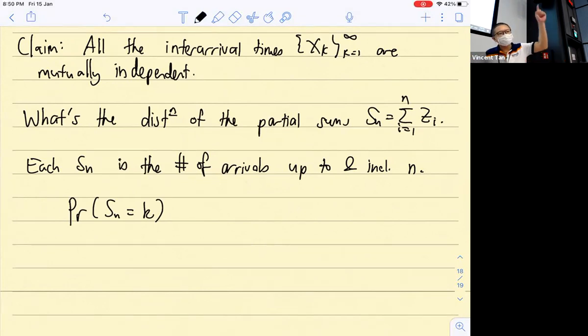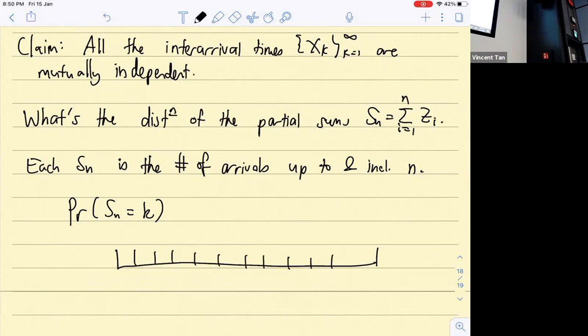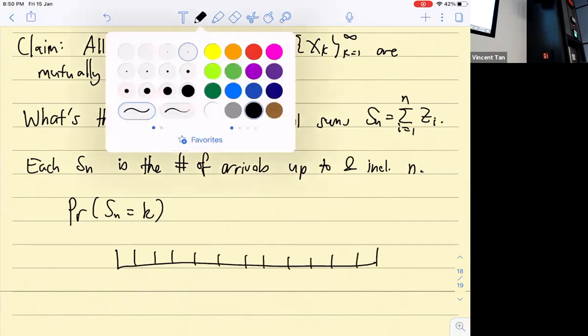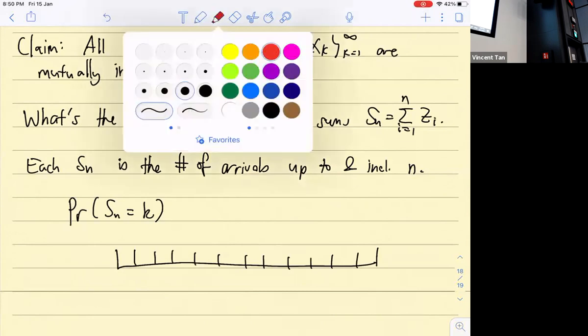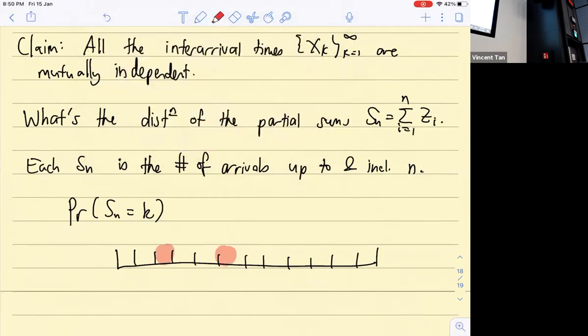So k people must walk into my shop in these n time slots. In n minus k time slots, we must make sure that no one walks into my shop. Say k is equal to 3. We need to choose 3 time slots for people to walk in, and for the rest, no one walks in.